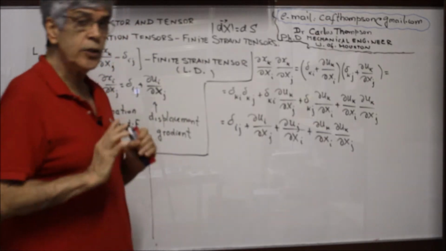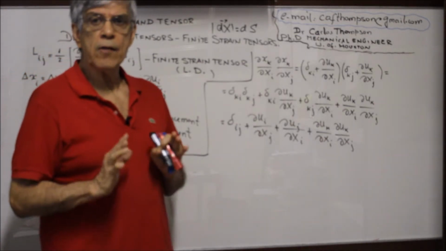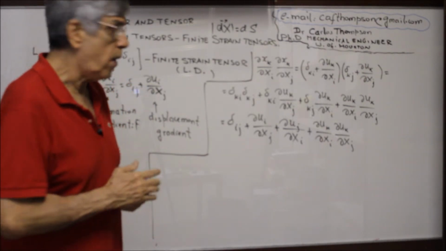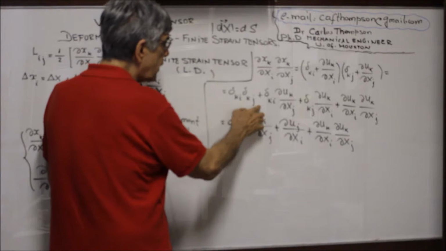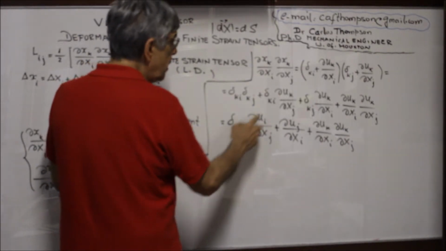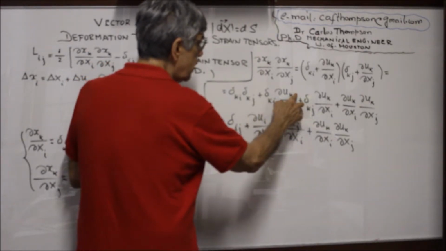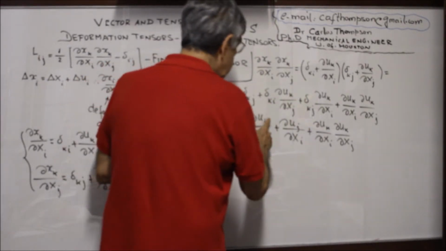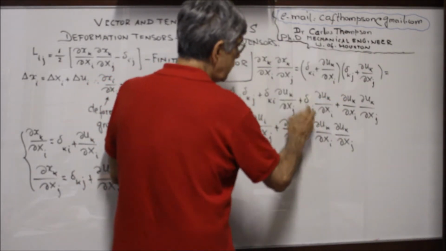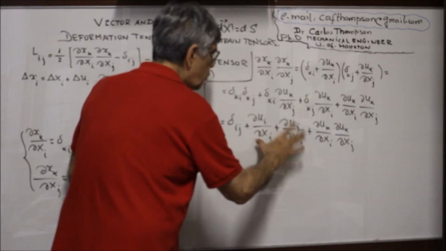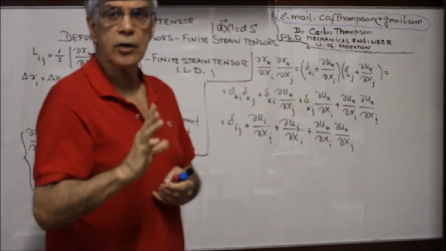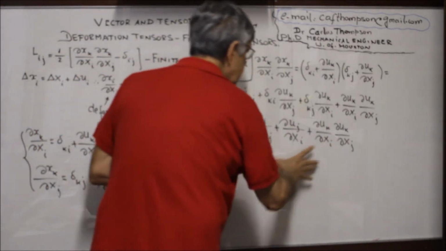Now attention, let's use the property of the Kronecker delta, what we did before. Delta ki delta kj, you move k and put i, so delta ij. Delta ki, you move k and put i; delta kj, you move k and put j. We are using the property of the Kronecker delta, and this is the expression.